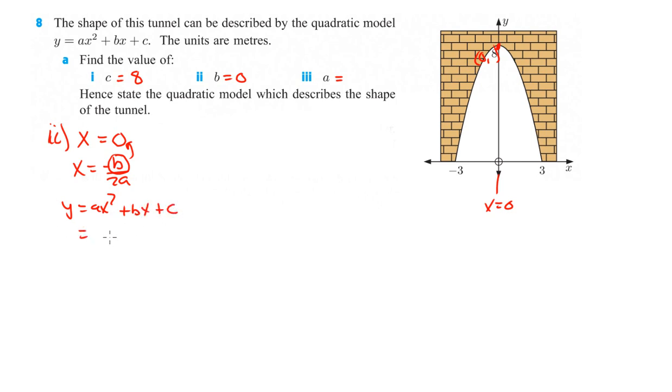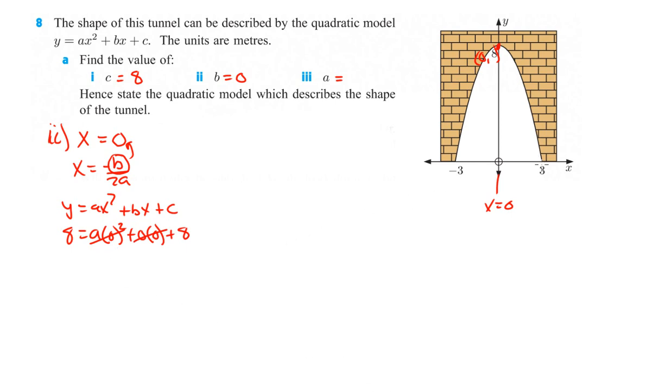We don't know the a yet, but we do know that when x is 0, y is 8. So 8 goes in for y, 0 goes in for x. We already know that b is 0, and this is 0 also, plus c is 8. Ooh, that doesn't really help us much, does it? Because that's 8 equals 8. Yay, that's true, but that doesn't help us.